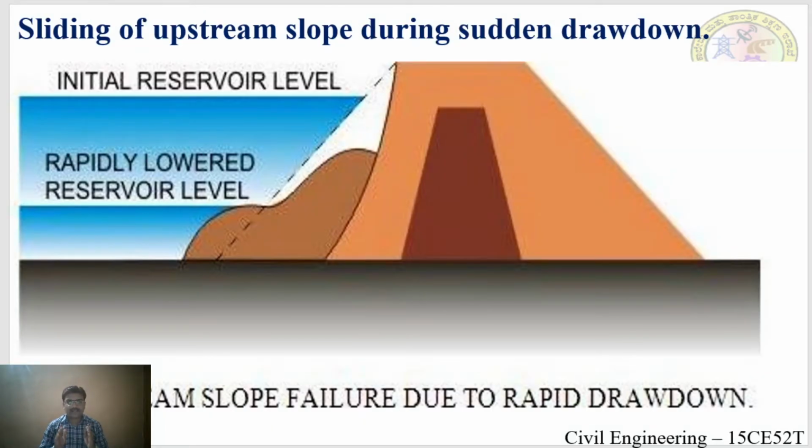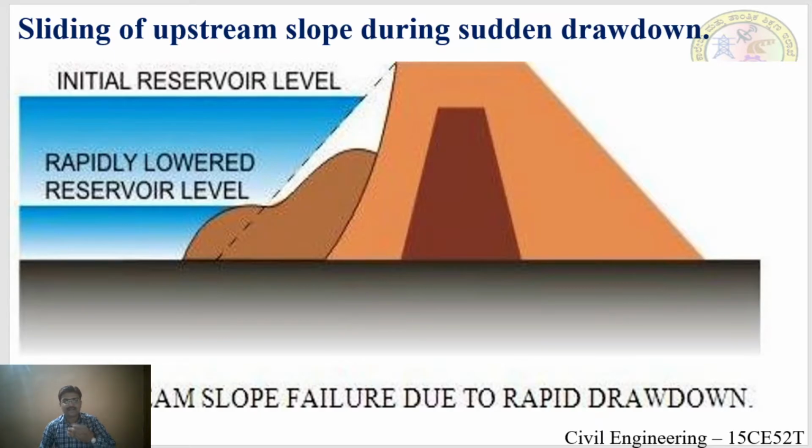Now this is a pictorial representation which shows the sliding of upstream slope during sudden drawdown. In this pictorial representation, we have an initial water reservoir level where, due to the excess pressure exerted by the water force, a rapid lowering of the reservoir level takes place.